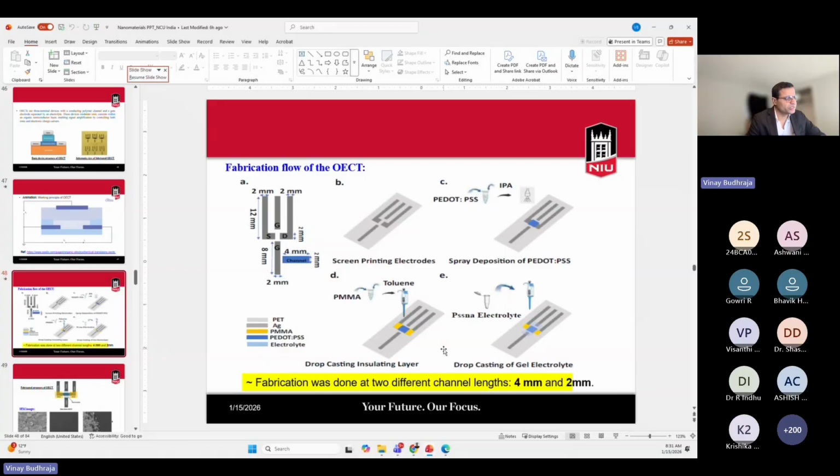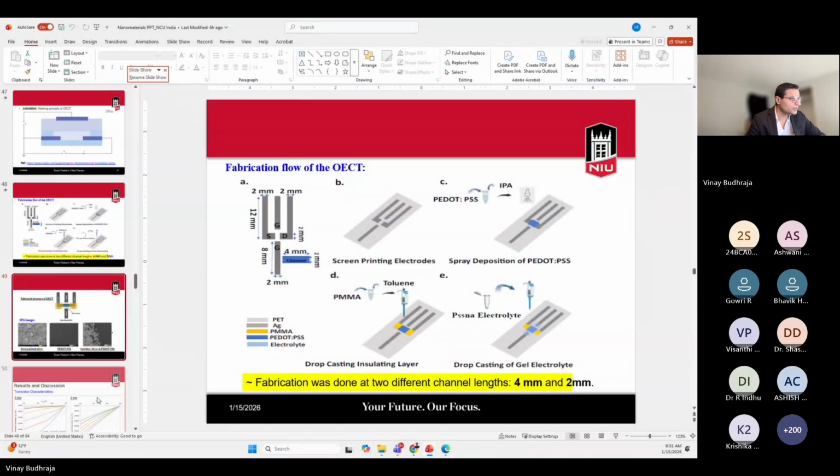About the OECT devices, I would say these are very new devices, because their history starts from 2008. So in comparison to others, it is really a newer device.